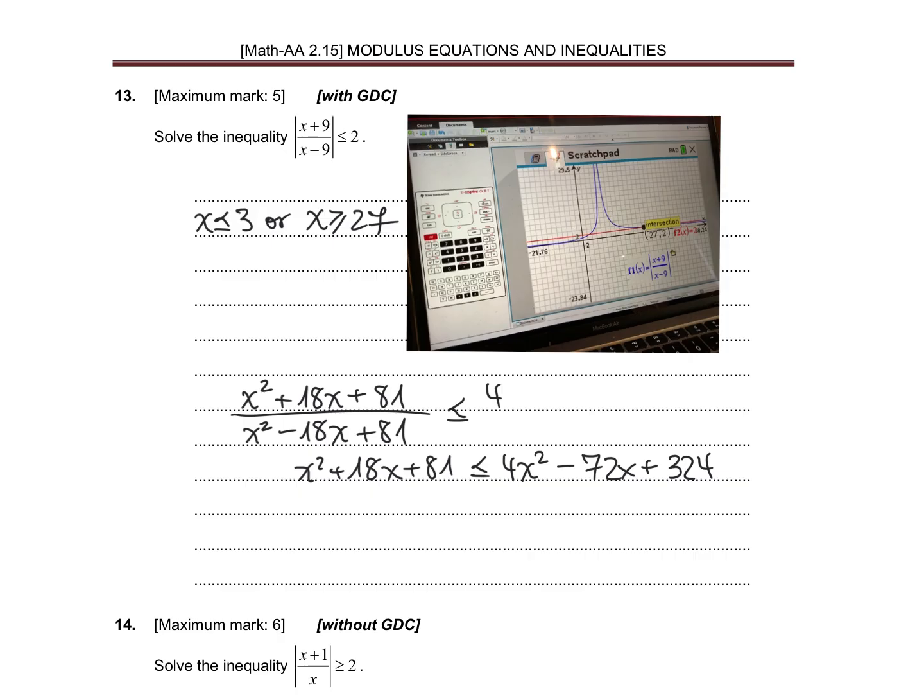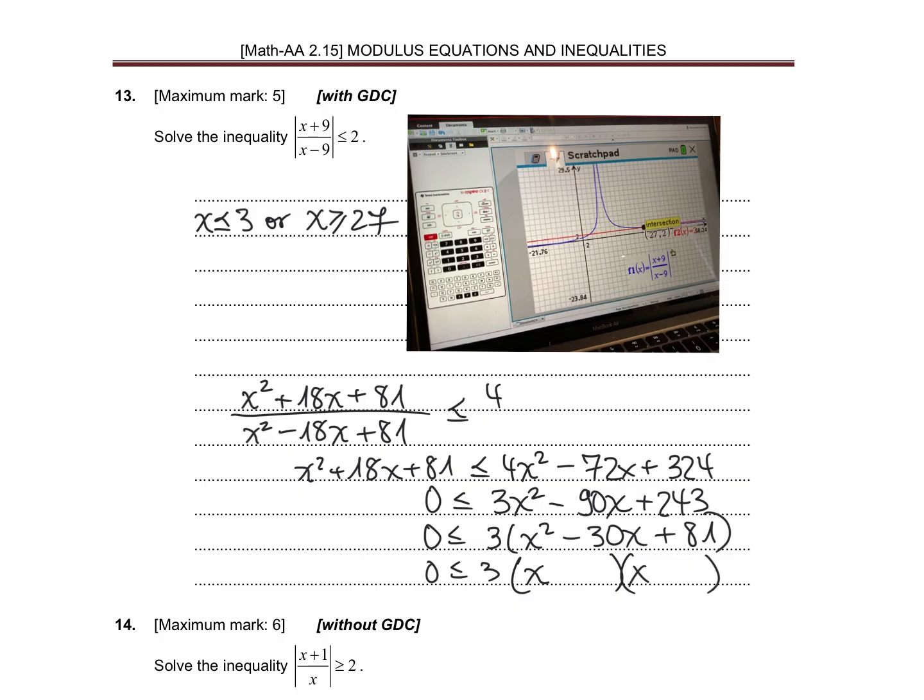And get it equal to 0, so 3x squared minus 90x, and we need 324 minus 81, which is 243, and we can factor, oh actually 3 can come out, so x squared minus 30x plus 81, and we can factor now 27 and 3, so minus 27, minus 3.